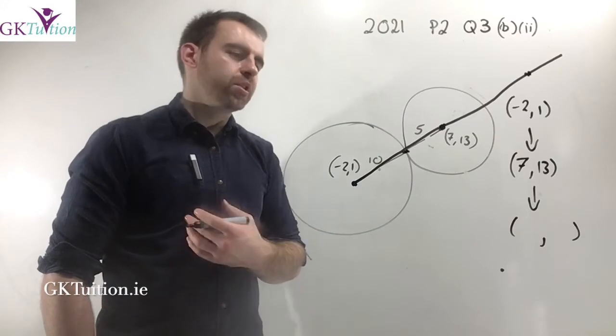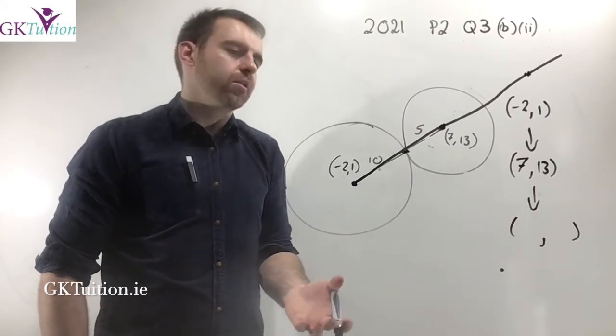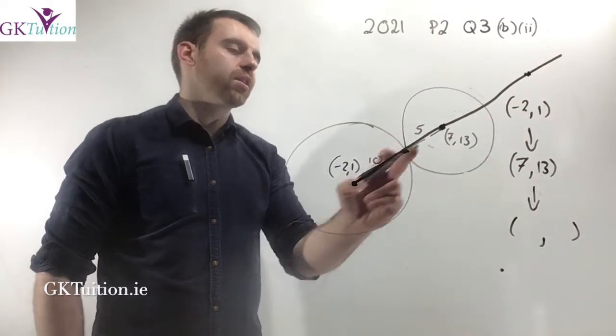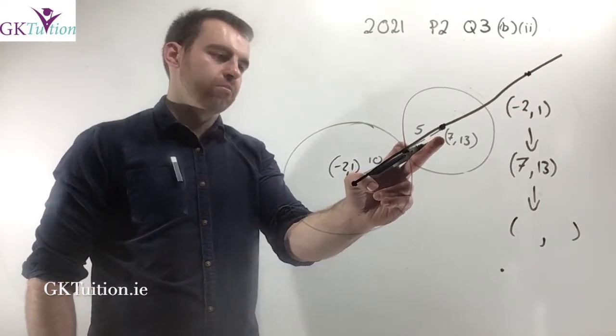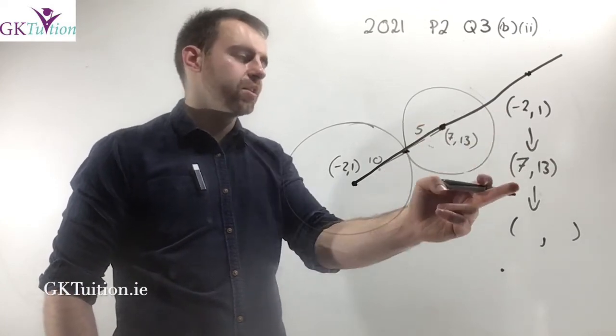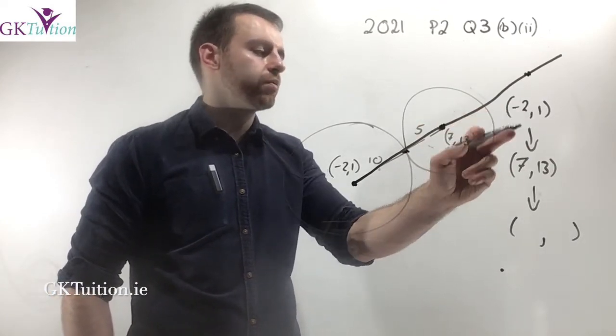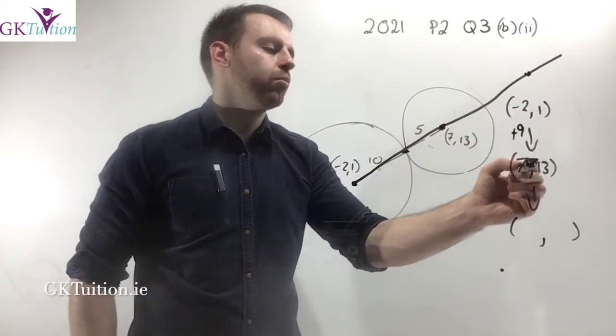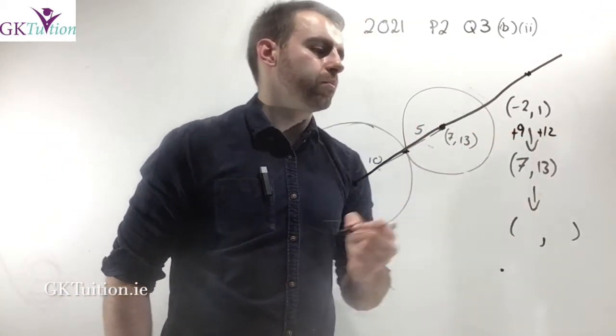So the easiest way of doing this question is, the centre of the circle C is minus 2, 1. The centre of the other circle is 7, 13. In order to go from the centre of C to the centre of S, the x value goes from minus 2 to 7, or in other words, it goes up 9. The y value goes from 1 to 13, or in other words, it goes up 12.